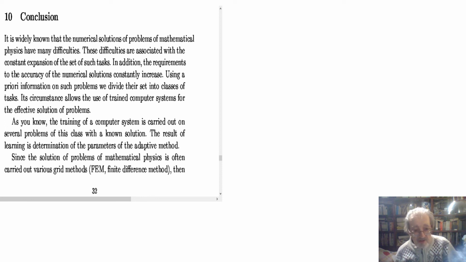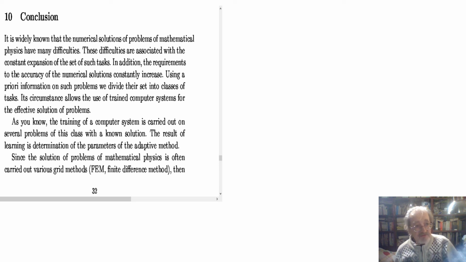As you know, the training of a computer system is carried out on several problems of this class with a known solution. The result of the learning is determination of the parameters of the adaptive method. Since the solution of the problem of mathematical physics is often carried out by various grid methods, finite difference method, then the natural parameters of these methods are grid nodes.